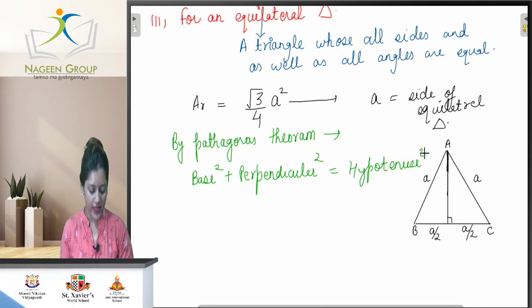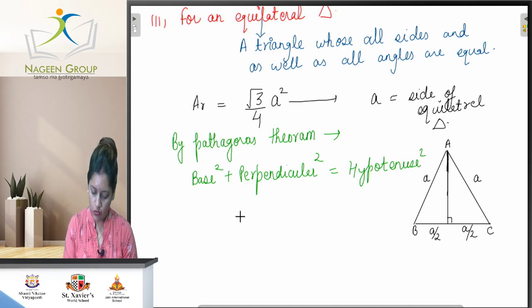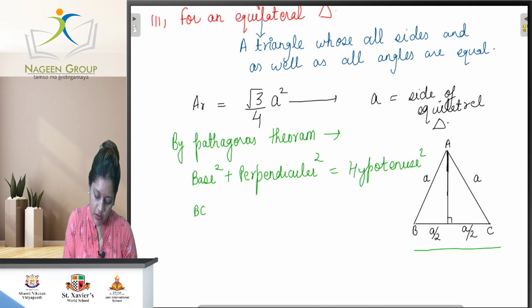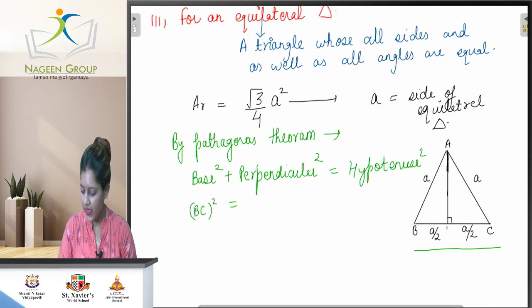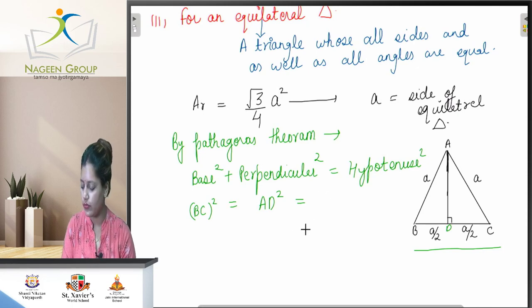So the base is BC, the perpendicular is AD, and the hypotenuse is AB.